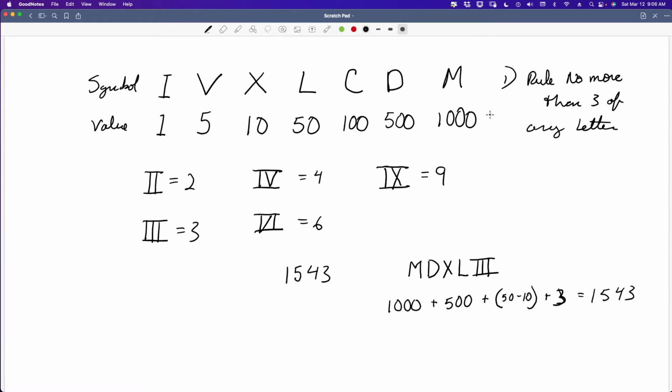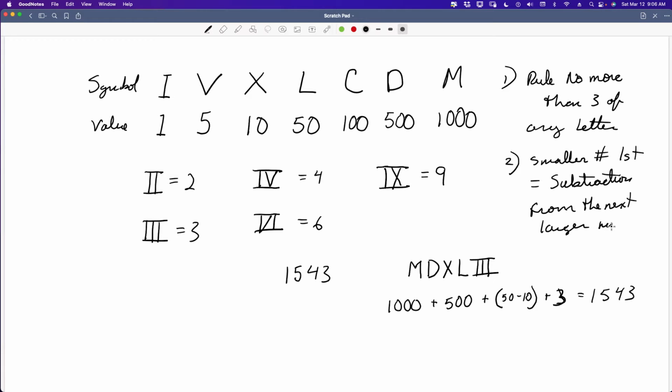And the second rule was smaller number first equals subtraction from the next larger number. So having the smaller 10 in front of the 50 meant to subtract 10 from 50, just like we have here, 50 minus 10.